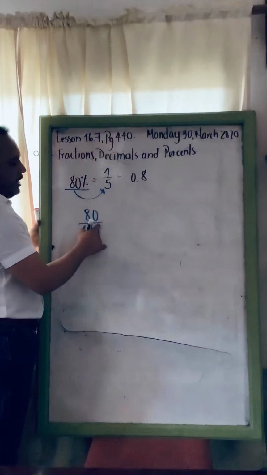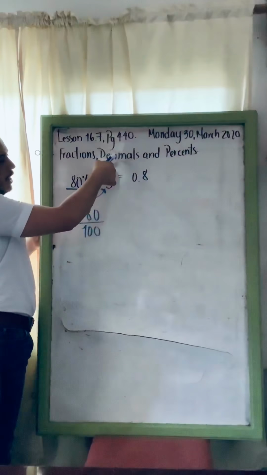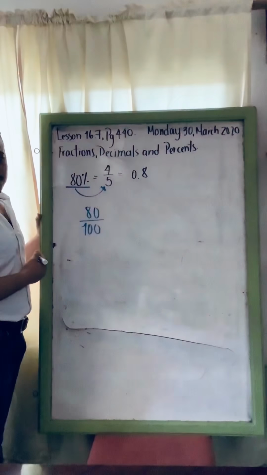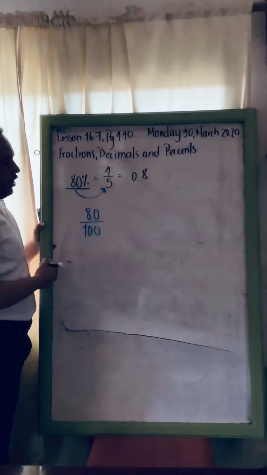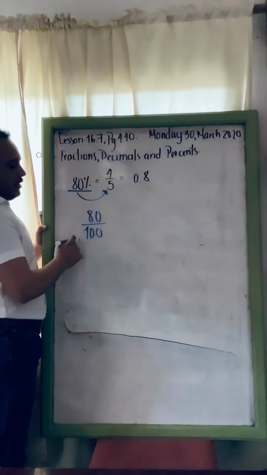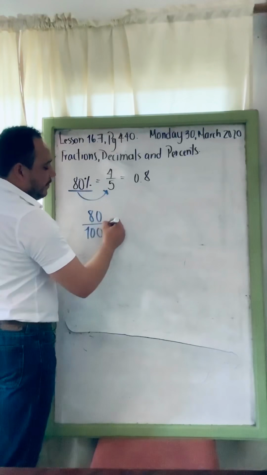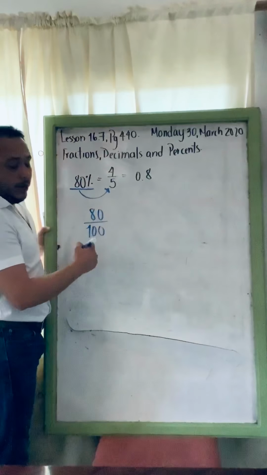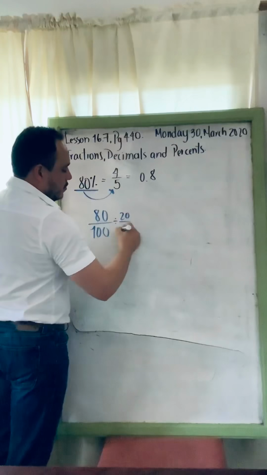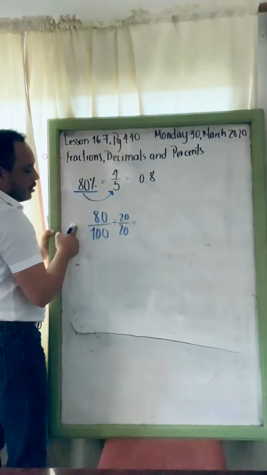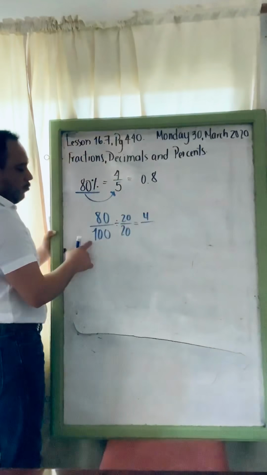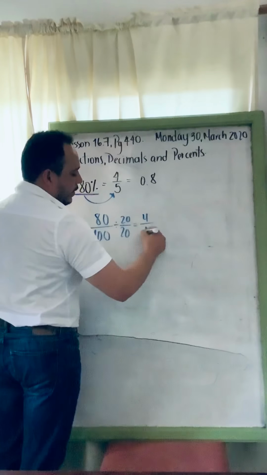But the thing is that, as you see, this fraction doesn't look equal to this fraction, but this is a very simple thing. You only need to look for the number that divides both the most. In this case, we simplify the fraction by 20. 80 divided by 20 gives us 4, and 100 divided by 20 gives us 5.